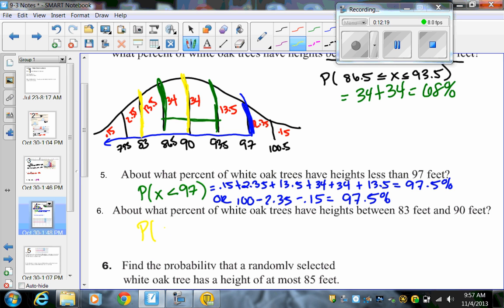So the probability that 83 is less than or equal to x is less than or equal to 90 is just going to equal the two percentages between there. So 13.5 plus 34, which gives me 47.5%.